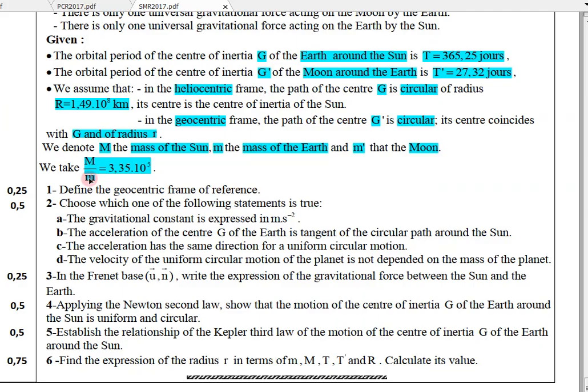So generally, for this question, you don't have to demonstrate why A, B, and C are false.